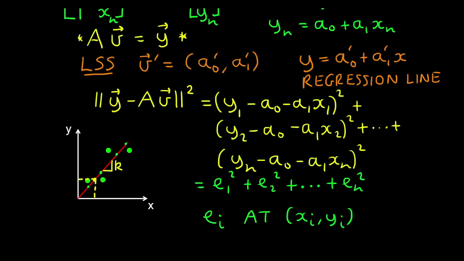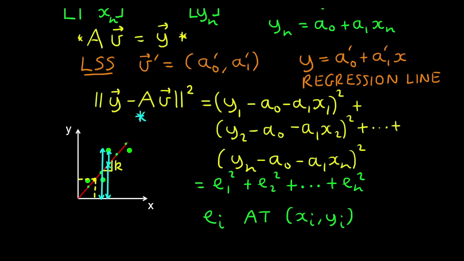So for example, the error at this point is our measured y value, which is the exact value, minus this distance over here, which is the value on the regression line. So therefore the least squares line of best fit, or regression line, minimizes this error.